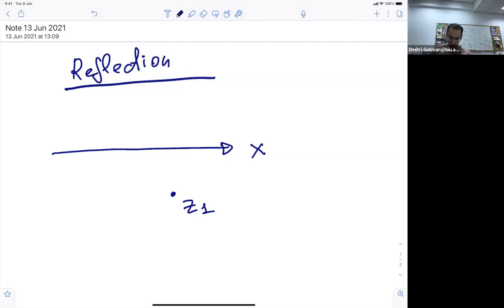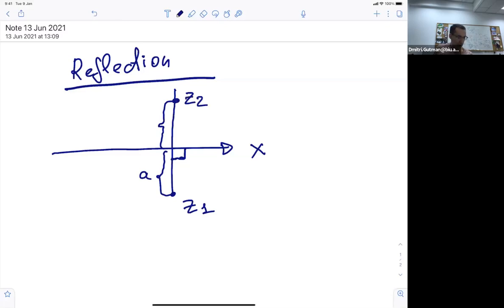It's very simple. We just draw another line which is perpendicular to the line X. So it's 90 degrees. And then we measure this length, let's call this length A, and we draw precisely the same length on the other side, and then there'll be point Z2.